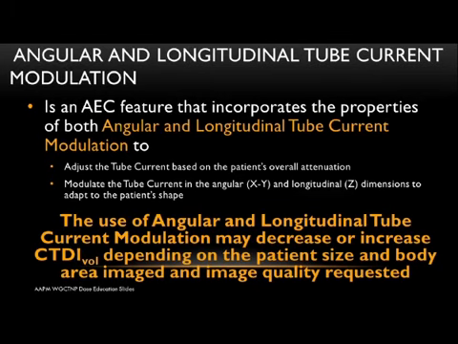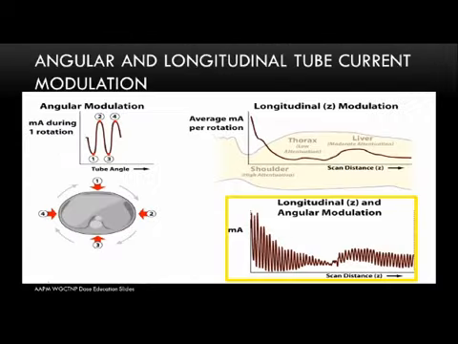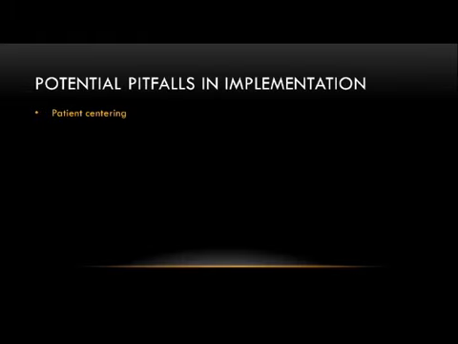But that's really important to remember, it's not meant to reduce radiation dose, but it's meant to maintain image quality through the patient and amongst patients. And so here's this view. You combine the angular and the longitudinal tube current modulation, and you end up with a gross change along the longitudinal, and then the angular changes as well.